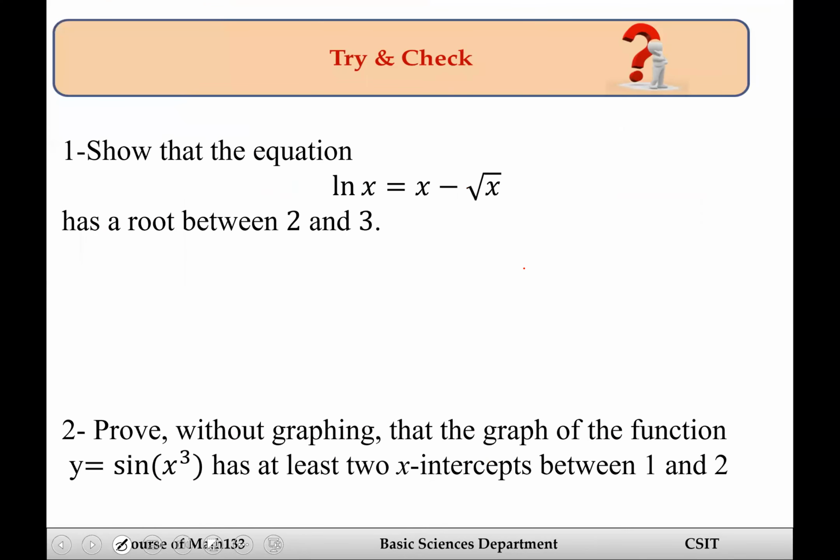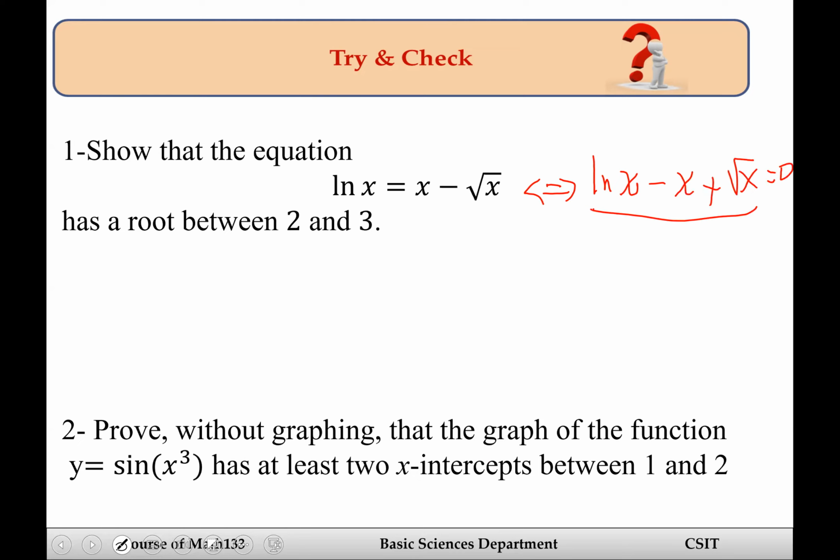Now we will end this lecture with the try and check examples. So we want to show that the equation ln x equals x minus root x has a root between 2 and 3. Usually, if you have an equation like that, transform it to the left, so this is equivalent to ln x minus x plus root x equal to 0.